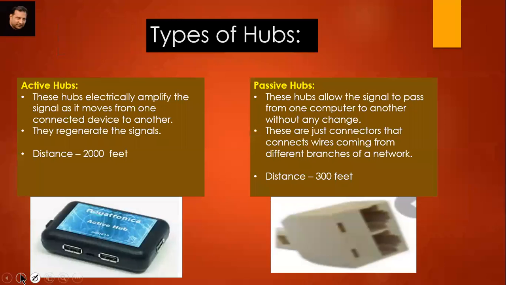Now hubs are of two types: active hubs and passive hubs. We will consider passive hub first. So let us see passive hub. These hubs allow the signal to pass from one computer to another without any change.